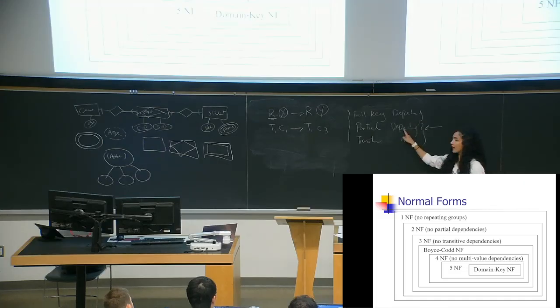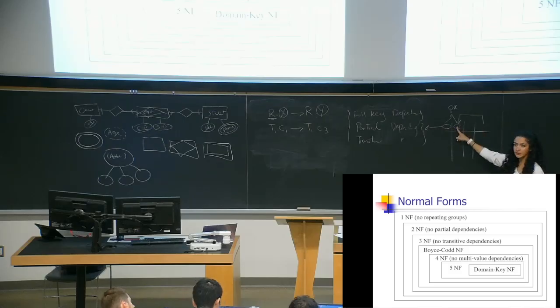Now, if you have a composite primary key, then there is a chance that you have partial dependency, which means, let's say this is a table, and these 2 columns form a primary key. It's a composite primary key, right? Now you have another column here that depends on only one of them, not both. If it depends on only one of them, we call it partial dependency.